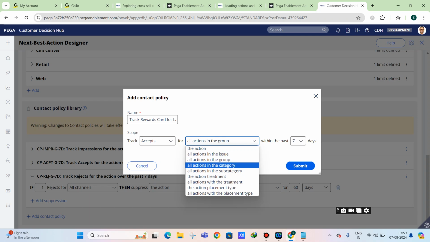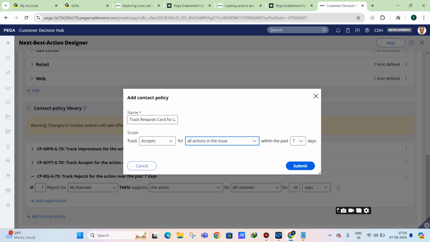But now, starting from PEGA 23, they have added all these extra options: track the actions in the category, subcategory, action, treatment, all the actions within the treatment, placement type, all the actions within this placement type, because they have introduced the contact policies for inbound also. For inbound also we have the contact limits.